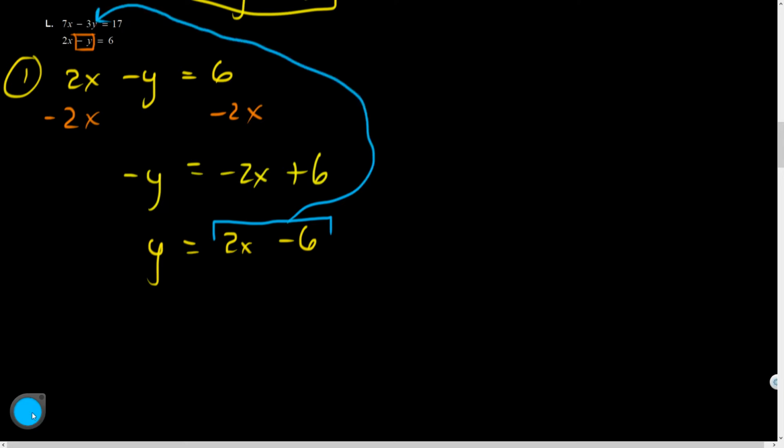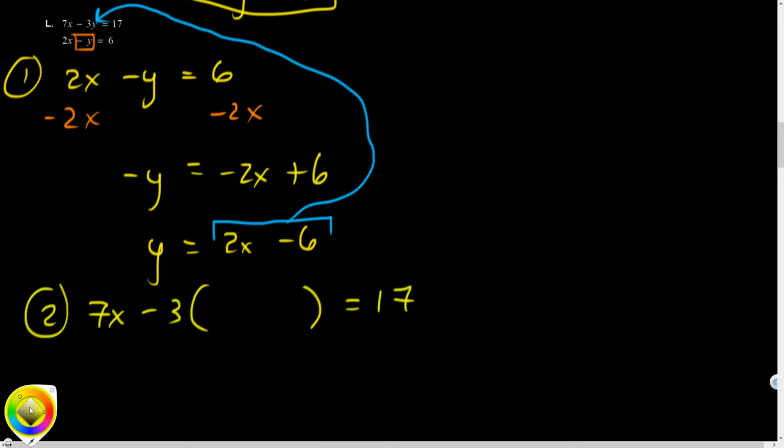So I'm going to plug this in, and I'm going to get the following. 7x minus 3 parentheses equals 17. And in place of y, I now have 2x minus 6. Right?